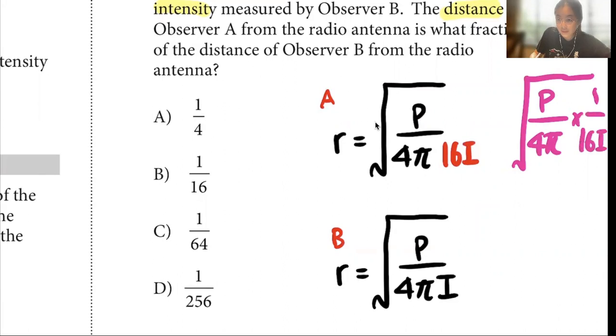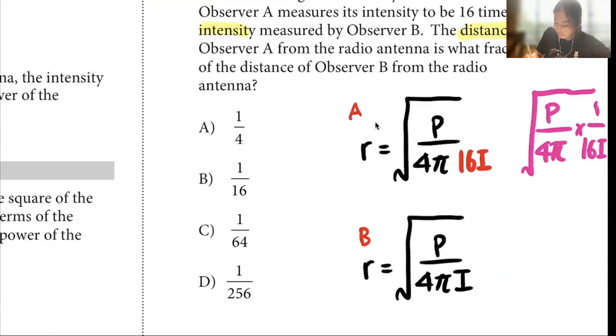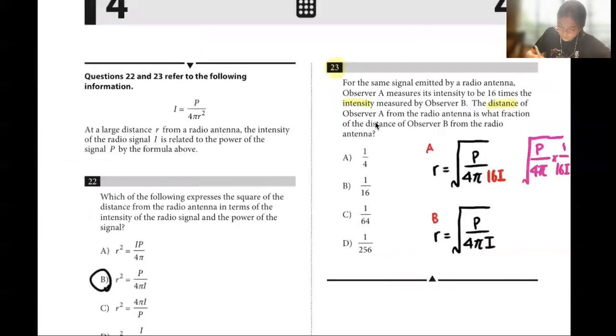To get this 1 over 16I out of the square root, since it's a perfect square, we can just move that up there, and then we know that's 1 over 4 times the square root of P over 4 pi I.